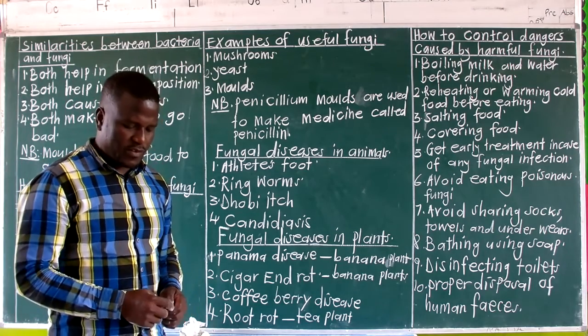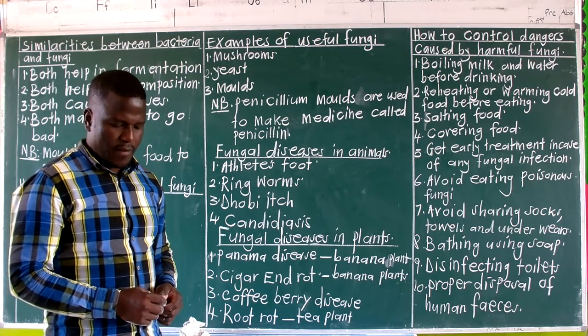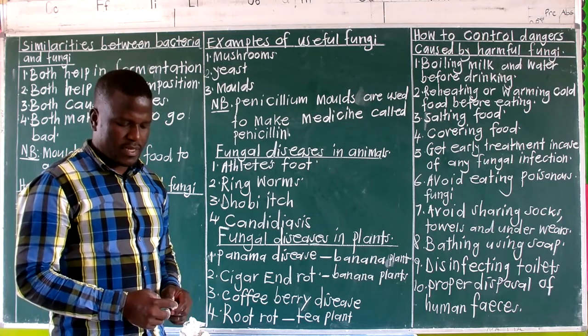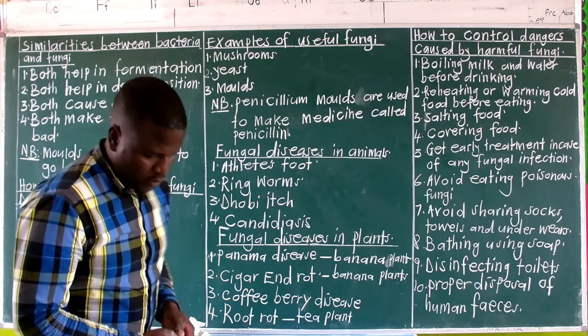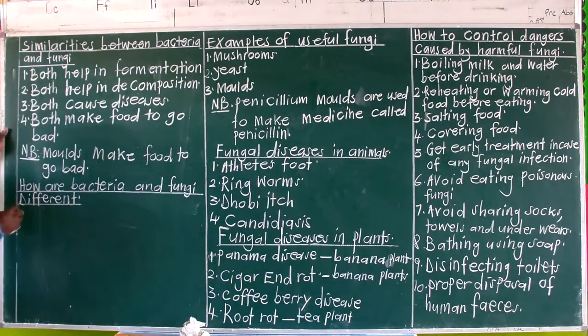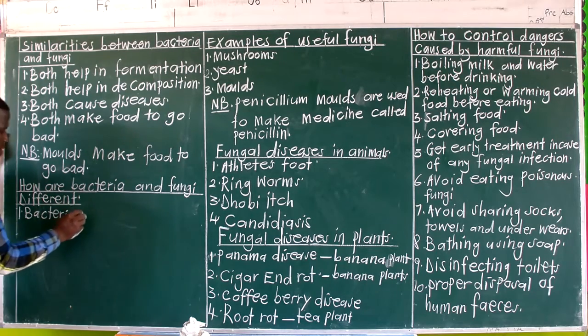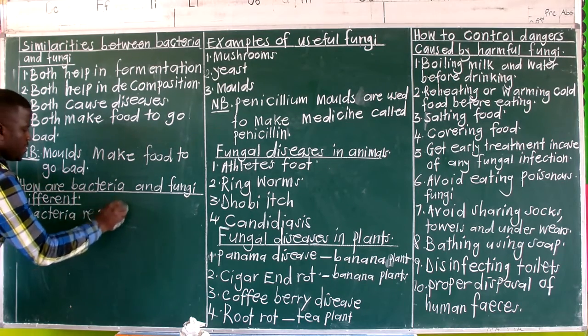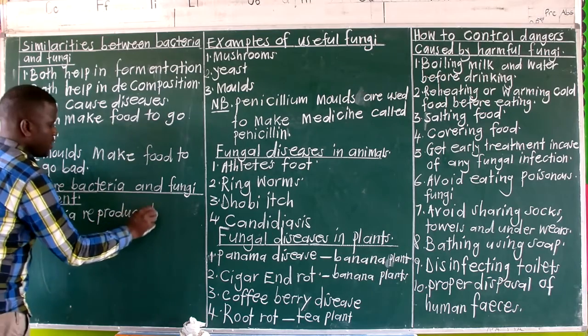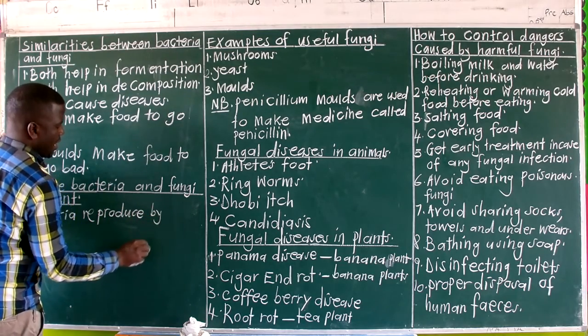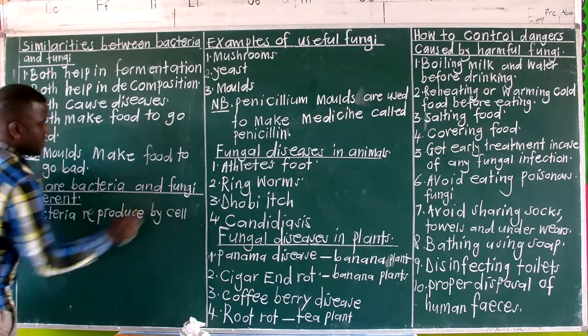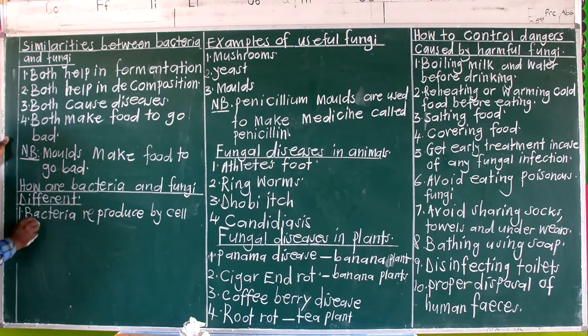Bacteria reproduce by cell division, while fungi reproduce by budding and by means of spores. Bacteria reproduce by cell division, also known as binary fission.